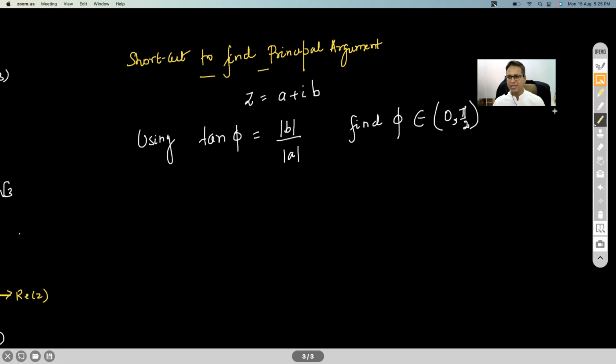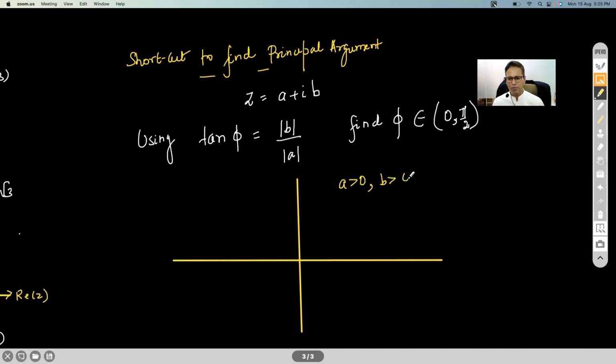Now see, in the second step, you just have to follow this mnemonic. If your complex number z falls in the first quadrant, that means a is positive, b is also positive, then the argument of this complex number will be as good as this phi. Whatever phi you have found out, that is going to be your argument.